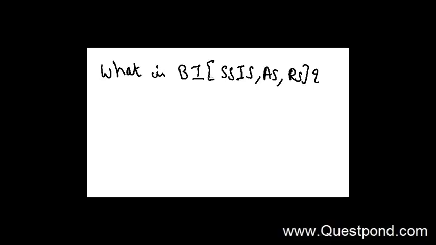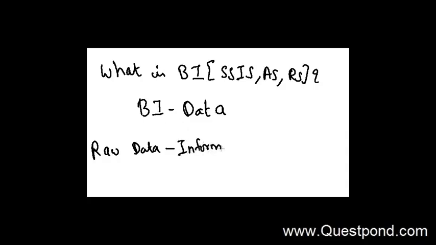for better decision making. So in other words, business intelligence is all about data, data and data. You have raw data. From the raw data, you gather information. From the information, you convert it to knowledge.